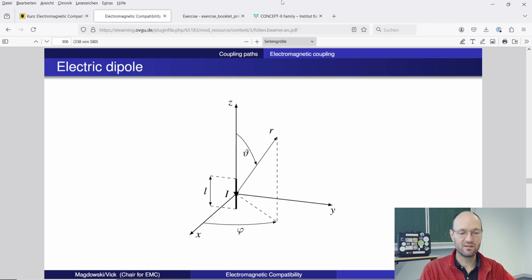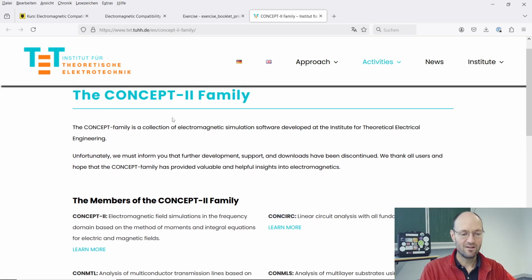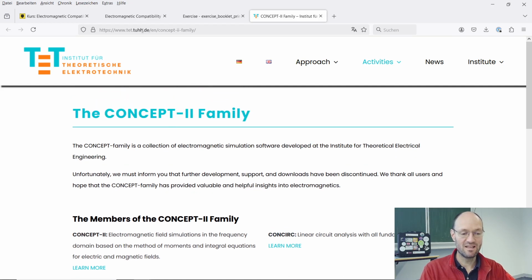And the software that I would like to use for this is this Concept 2 simulator that is based on the method of moments (MoM), a numerical way to solve Maxwell's equations. It had been developed at the Technical University of Hamburg-Harburg, and unfortunately is discontinued.